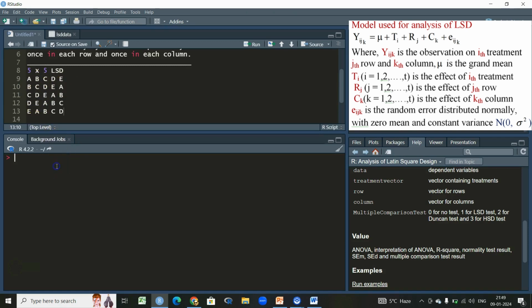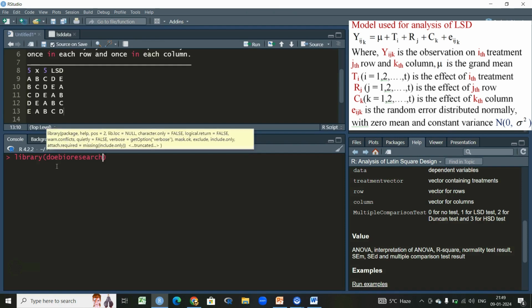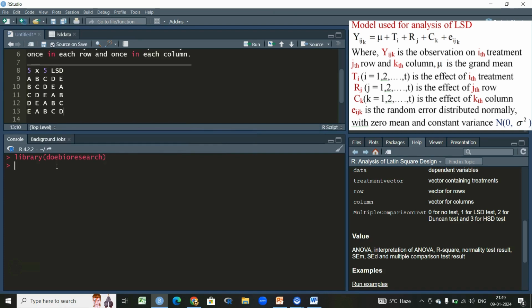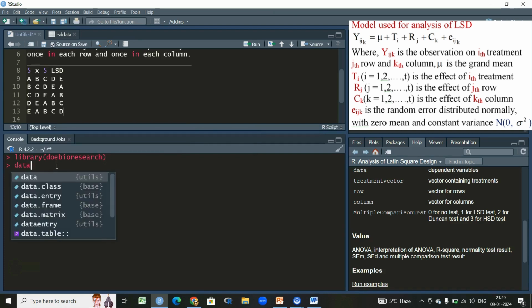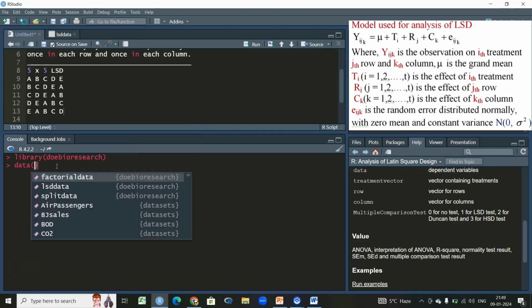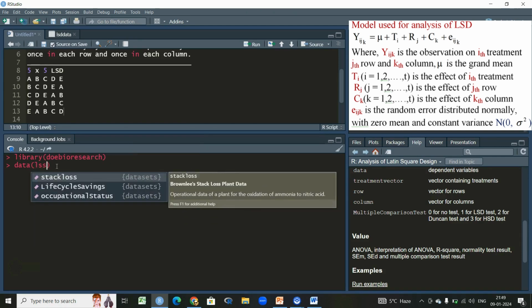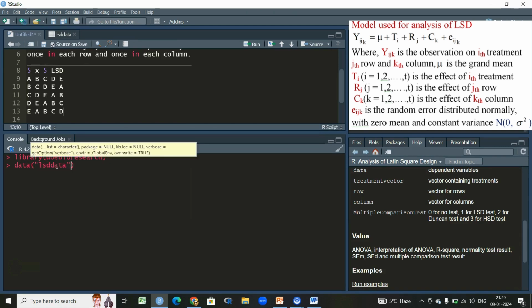In order to proceed, I will write library doebioresearch in order to perform the analysis of Latin square design. In RStudio, I'll be utilizing this library. Then we will choose an inbuilt data of this library, lsddata.